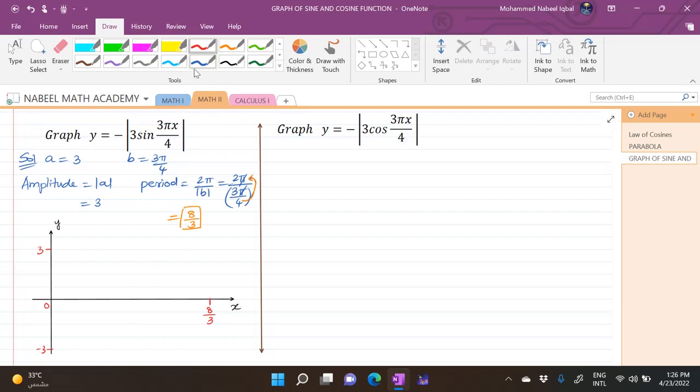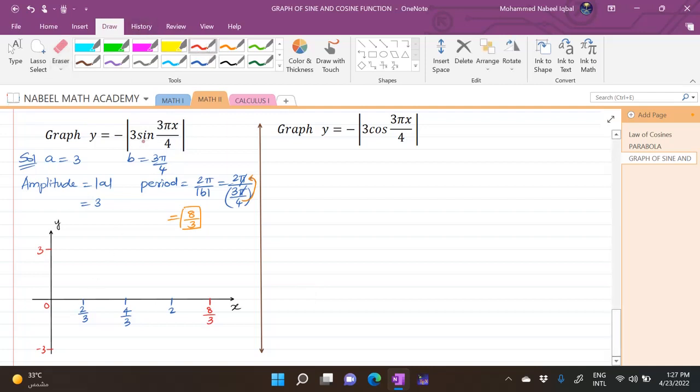If I divide by 2, you will get 8 over 3 multiplied by 1 over 2, so you will have 4 over 3. Now when I divide by 2 again, you will have 2 over 3. When you multiply by 3, you will get 2. So this is the technique we will follow for all the problems.